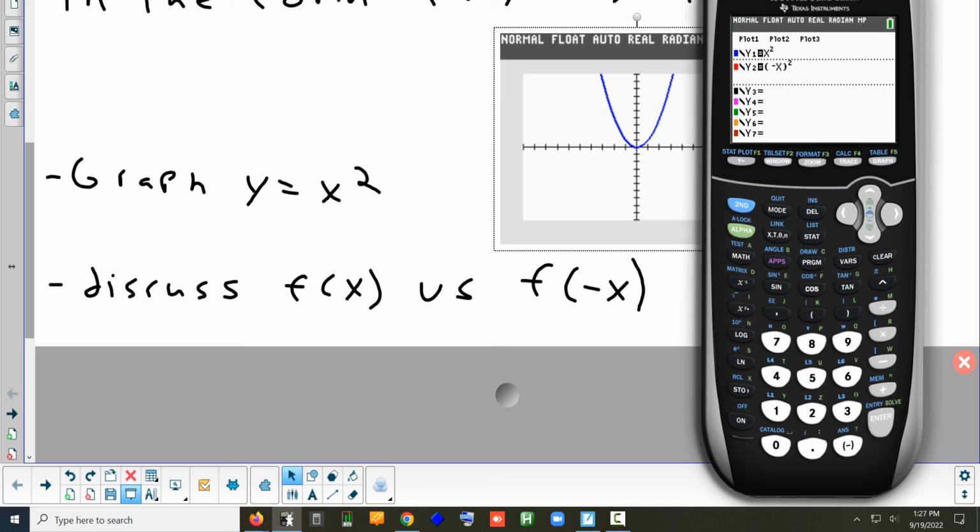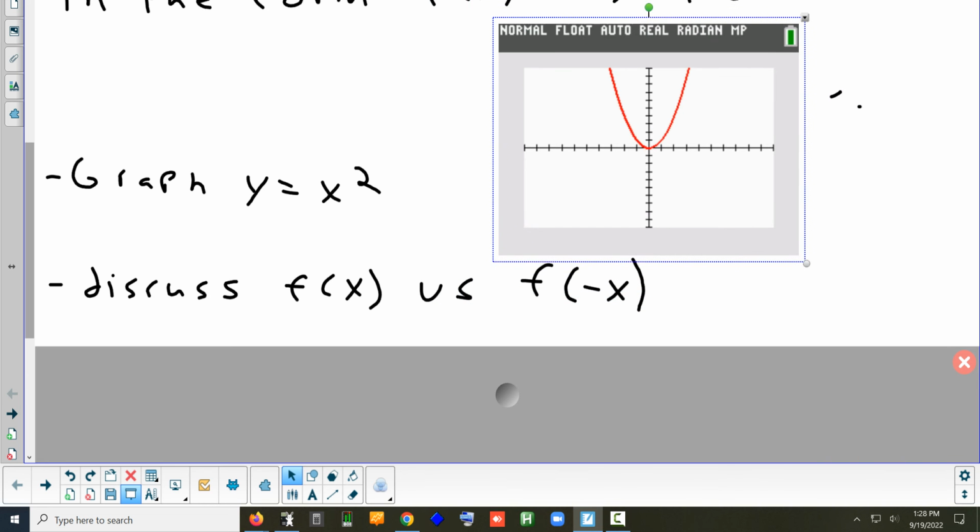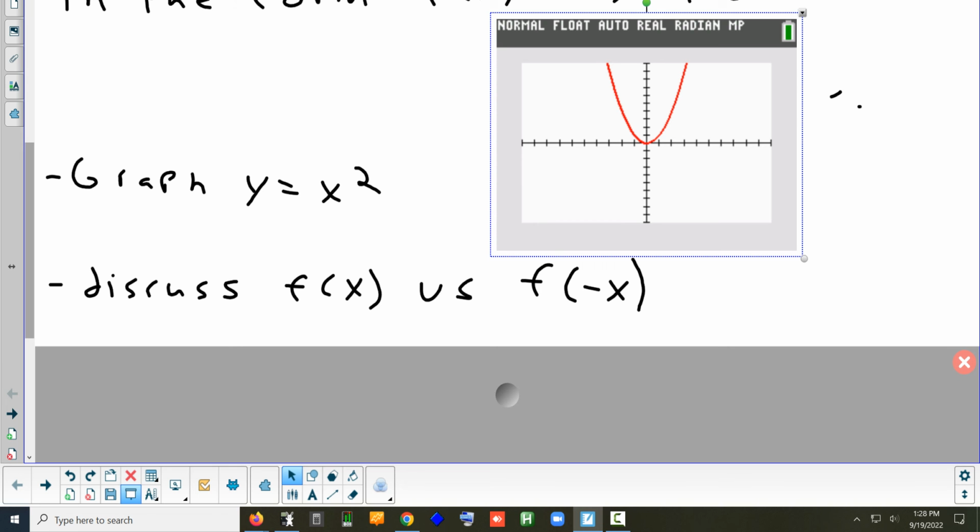And I'm going to hit graph. And if you watch it as it graphs it, it looks exactly the same. It doesn't look like it's any different. It just traced a red line right over the blue one. Well, something did happen there. Does anybody have an idea what happened, but you can't tell, and it has to do with the parabola being symmetrical?